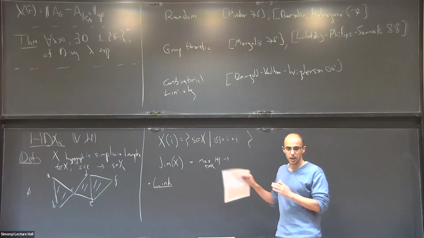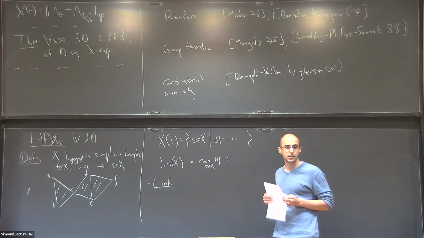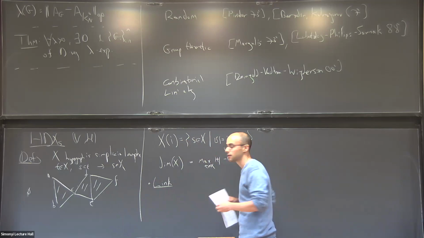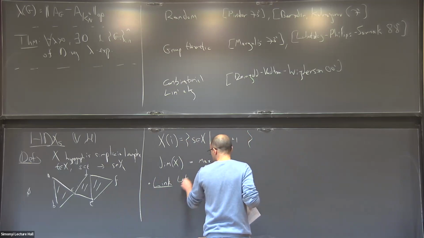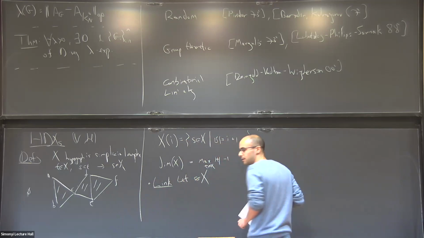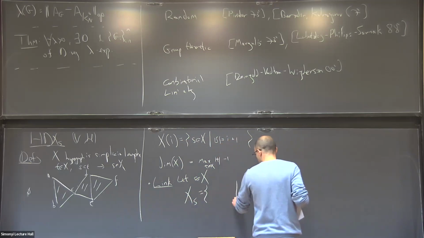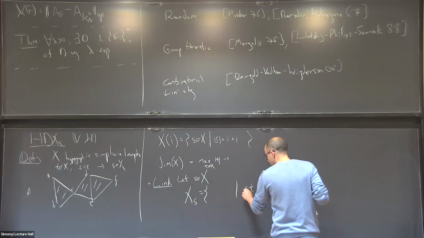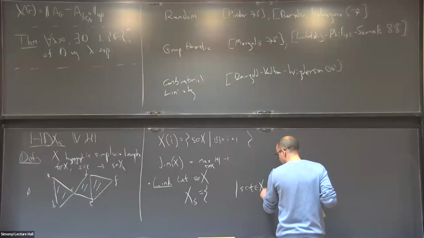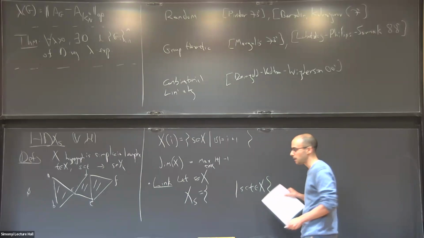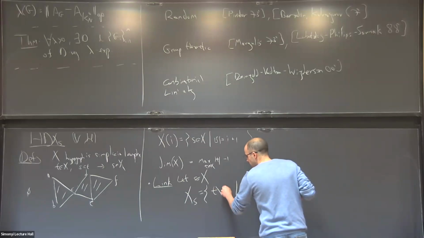So a link is supposed to be the generalization of a neighborhood inside a simplicial complex. Suppose we have some set S in X. Its link is going to be all the sets that contain S inside our hypergraph X, but then we remove S.